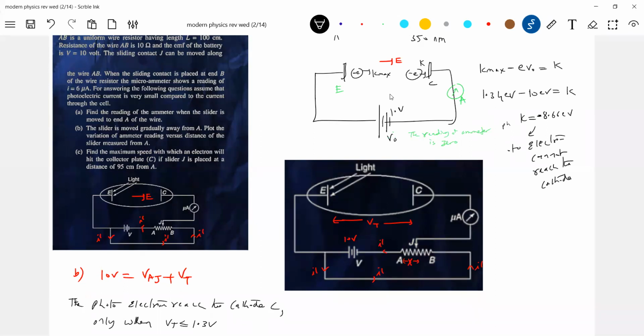Therefore, what should be the value of X? X should be 87 centimeter. Do you agree with this? Is it justified?